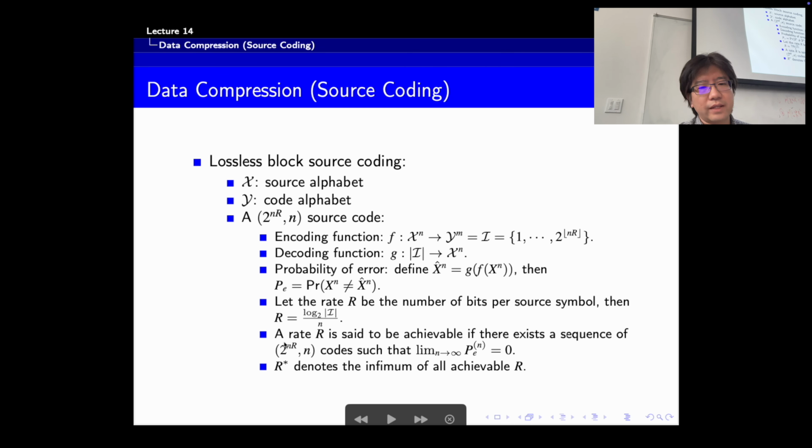We need to make sure that there exists a sequence of this kind of code, not only one code or two codes. This is a function of n. For each different length, we have a different code. And then we need to show that when n goes to infinity, the error goes to 0. That's how we do it. And then we say the infimum of all the achievable R will give you the rate of the code.